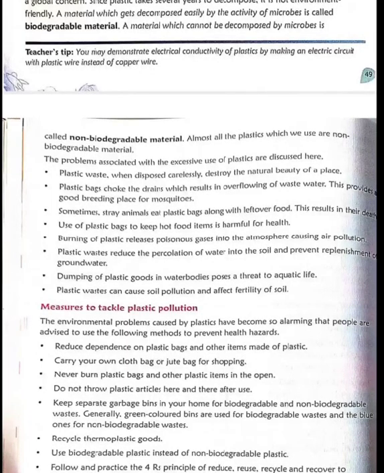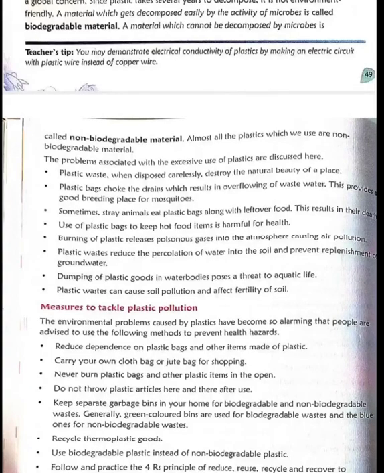How do we reduce this type of plastic pollution? Reduce dependence on plastic bags and other items made of plastic. We can use jute bags, paper bags and cloth bags instead.